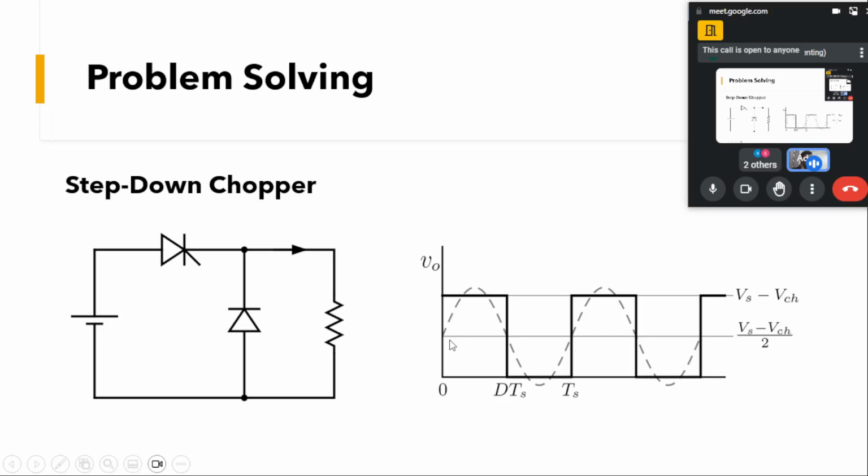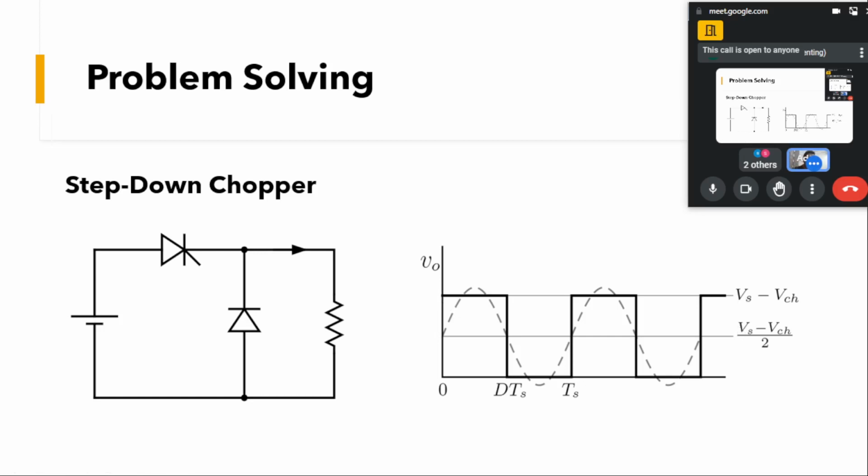We can calculate it as well, but intuitively we can say that our average voltage will be at half of this peak voltage, because it is positive for half the time and zero for half the time. So our average will be at half of the peak of this square wave.